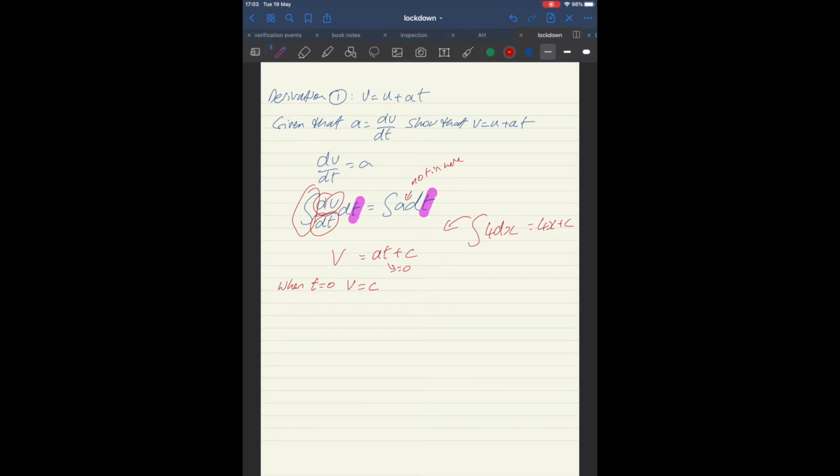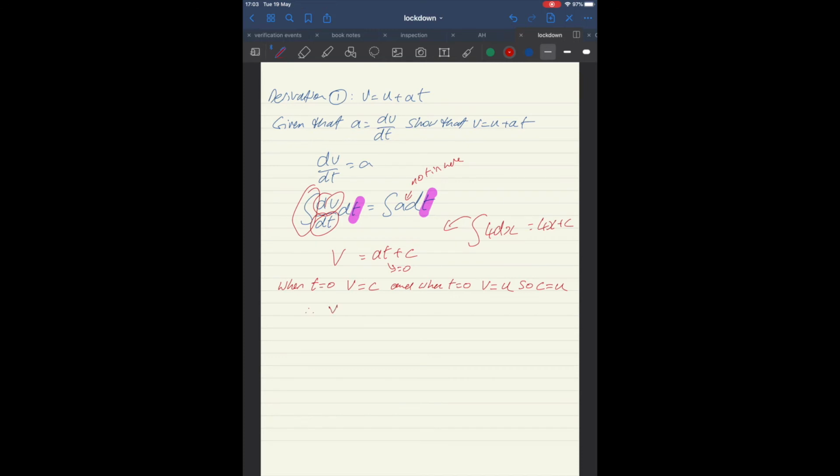So when t equals 0, v equals c, and when t equals 0, by definition, v must equal u. Because the velocity you're dealing with must be the initial velocity. If time hasn't happened yet, the velocity you're measuring is the initial velocity, because no time's gone on. So c equals u. All right?